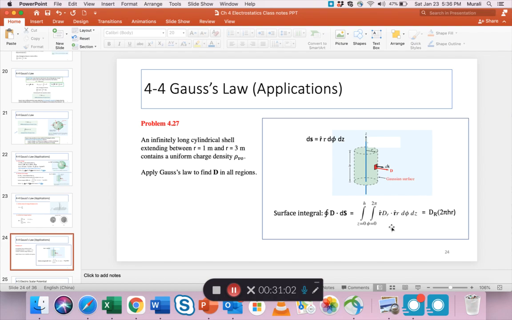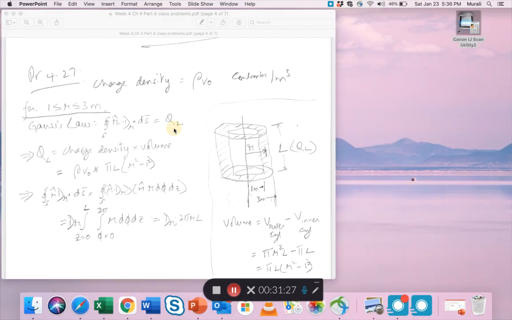So the r disappears in this case because it's in this direction, and then you're left with d phi dz, which for a cylindrical surface is actually this. When you apply these limits, z equals 0 to h, the height, and phi equals 0 to 2 pi, which is the entire 360 degrees. Okay, so this is part of the lesson, but the more important lesson is to solve this problem.